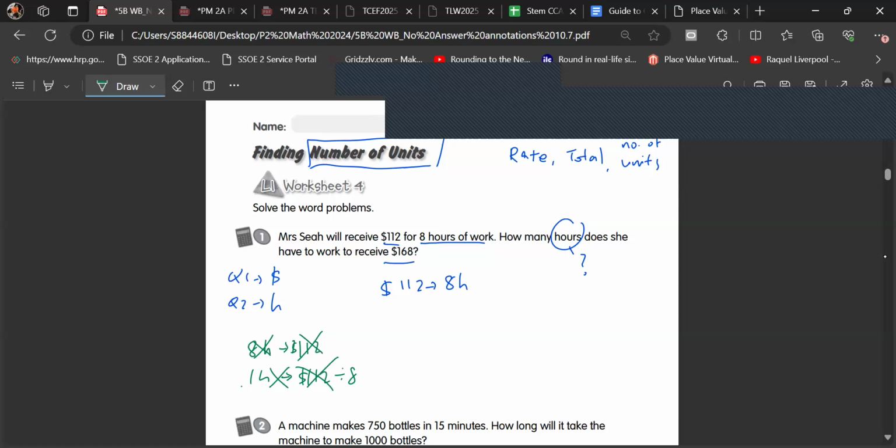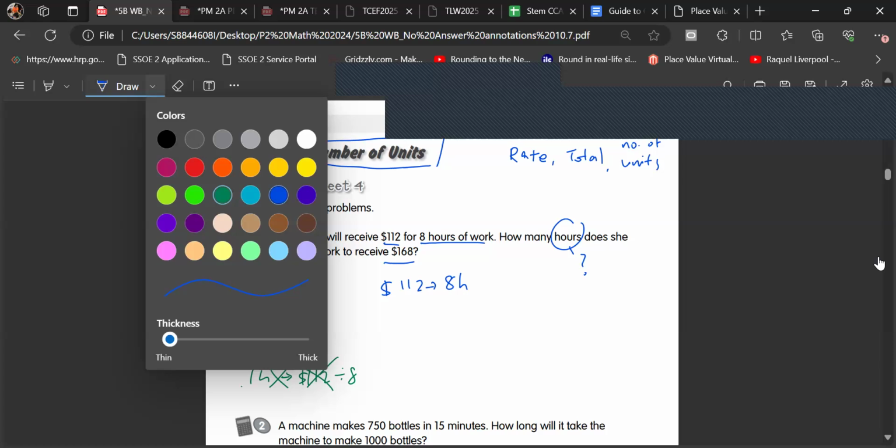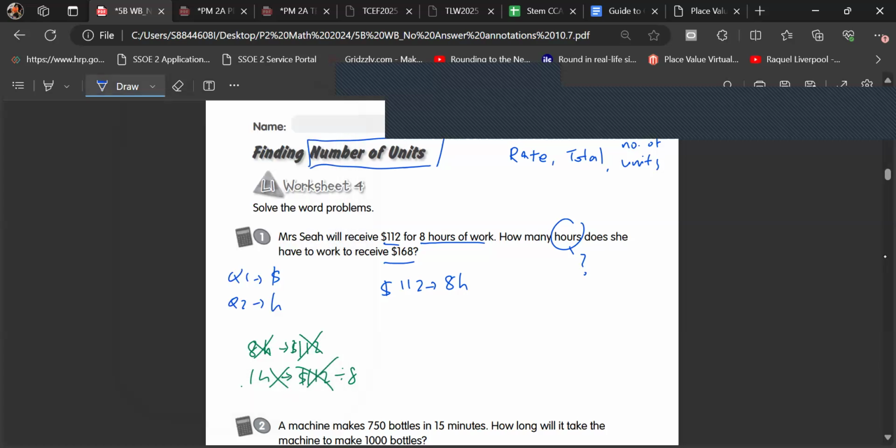I'm going to put $112 in front, because that's the item that I want to find. And then I will go with $1 instead. So $1 is how much of an hour? That's the question that I'm asking about.